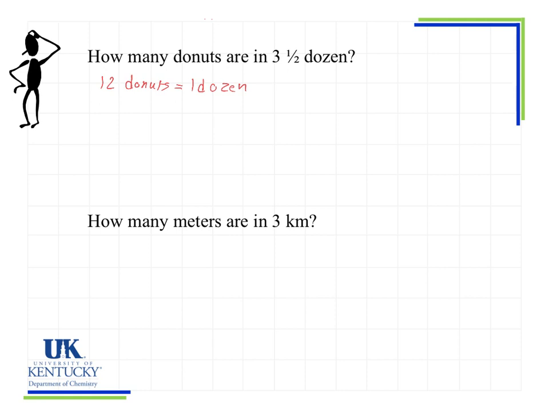So we can say 12 donuts over 1 dozen, it's 1, right? Or is it different if I say 1 dozen over 12 donuts? It's still 1, right? So both of them could be 1.